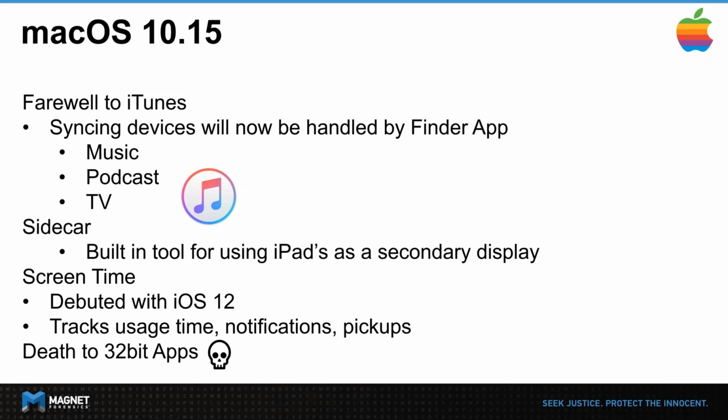So we now have that on the Mac, which gives us a great database for tracking usage time, notifications, and pickups. And then Apple decided no more 32-bit apps. So if you're running Macs in your own environment and you had 32-bit apps, guess what? They probably stopped working after the upgrade to 10.15.